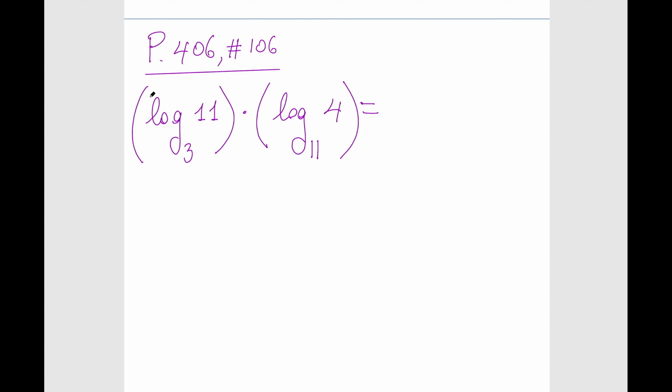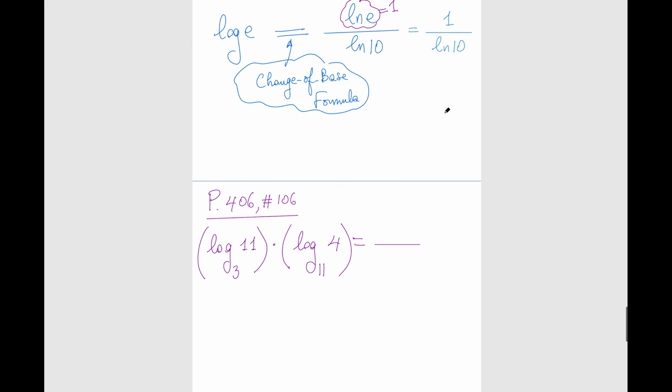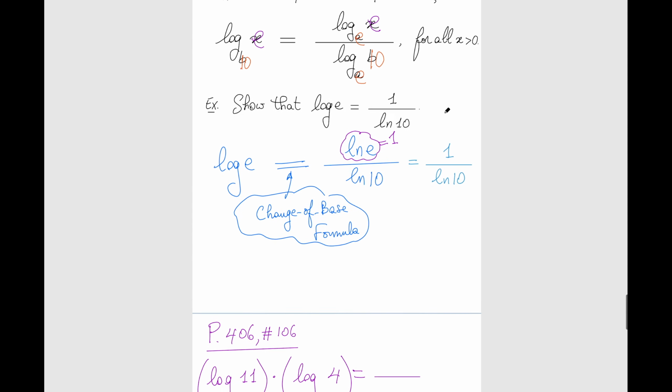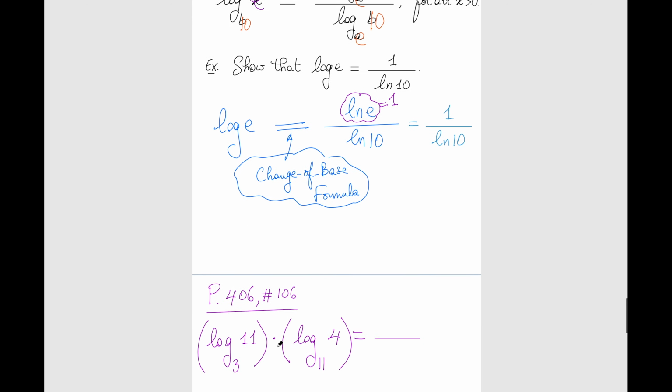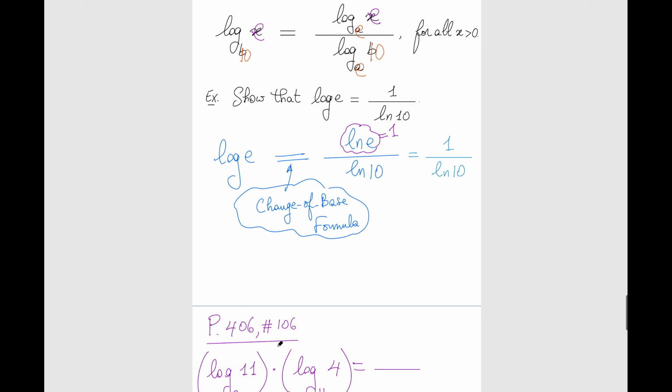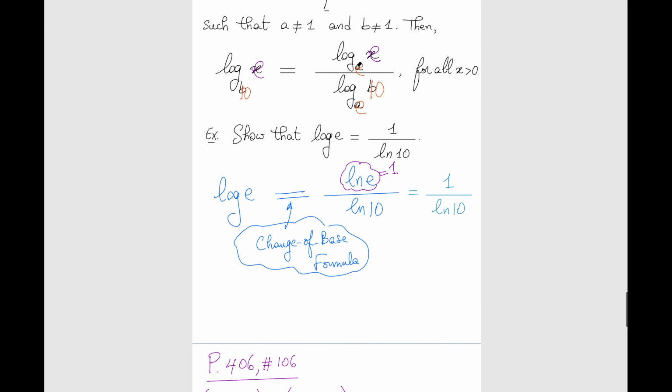I'm going to take each one to base e. This is one way. I'm not saying this is the only way, but the answer is unique. There are many ways to tackle this question, but this is one way. So I'm using the change of base formula.